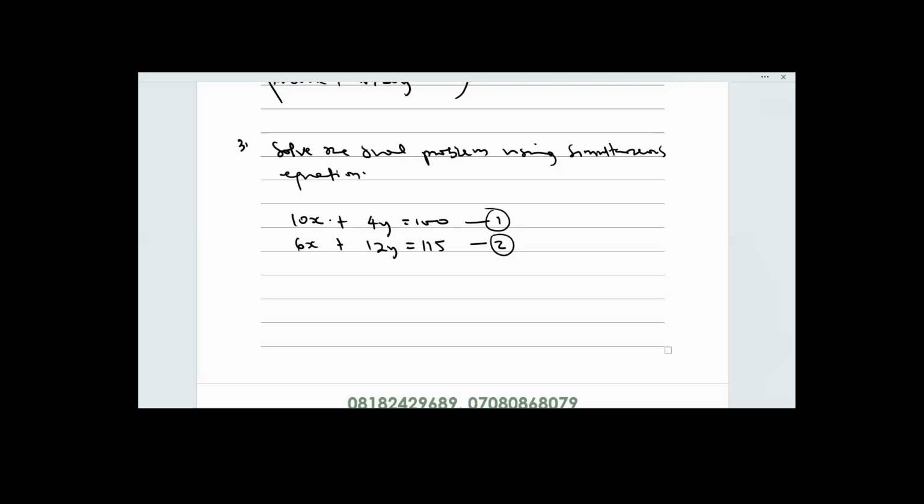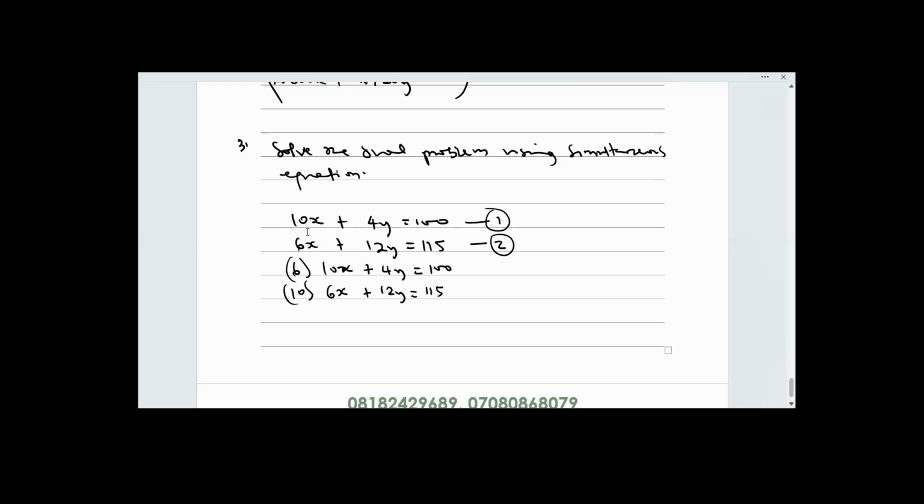So multiply the first equation by 6. So I will say 6 multiplied by 10x plus 4y equal to 100. Multiply the second equation by the first letter in the first equation. So 10 multiplied by 6x plus 12y equal to 115.